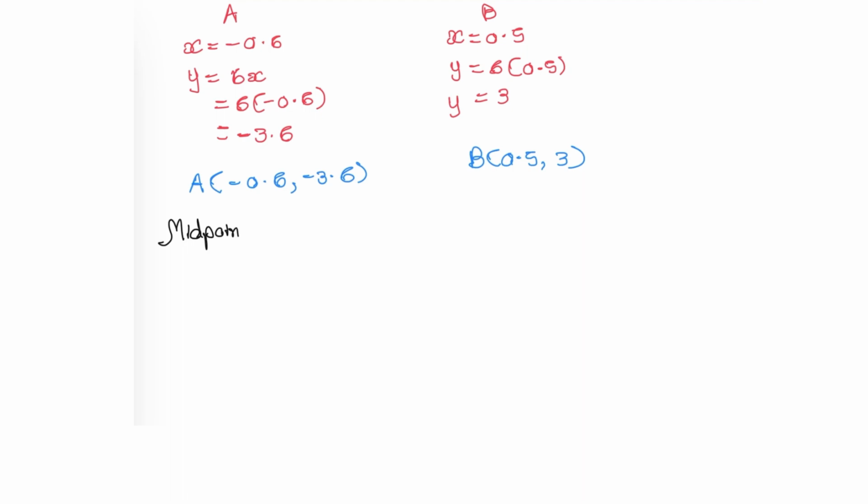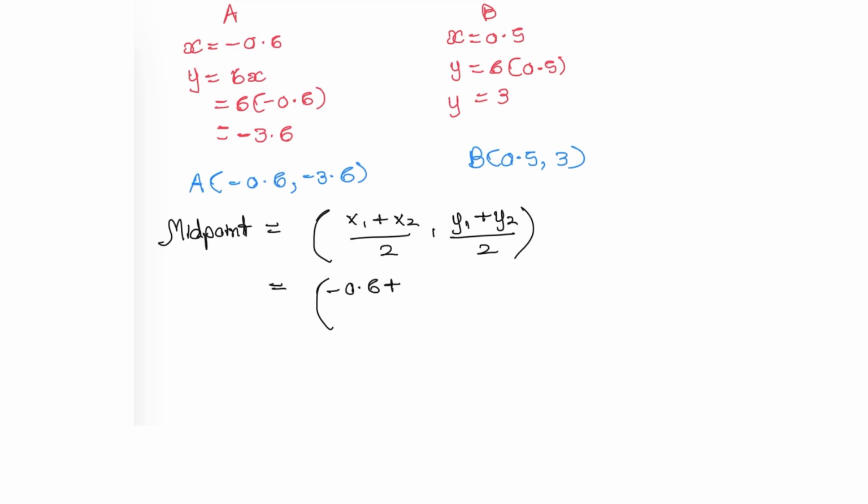So to find the midpoint, that is basically x1 plus x2 over 2 and y1 plus y2 over 2, which is basically the formula to find a midpoint, and it simply just means add the two x values together.